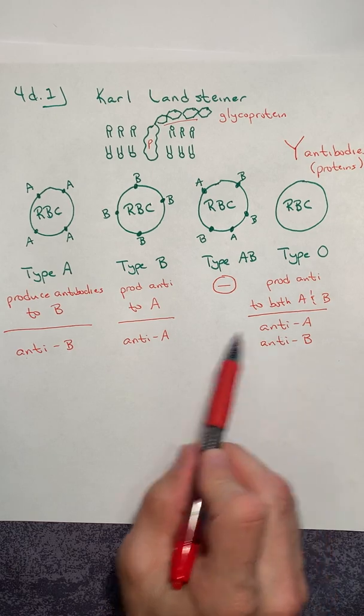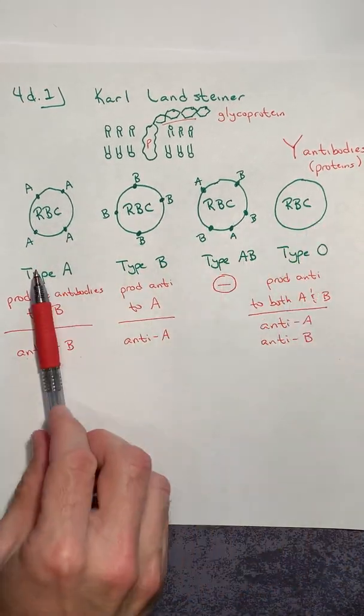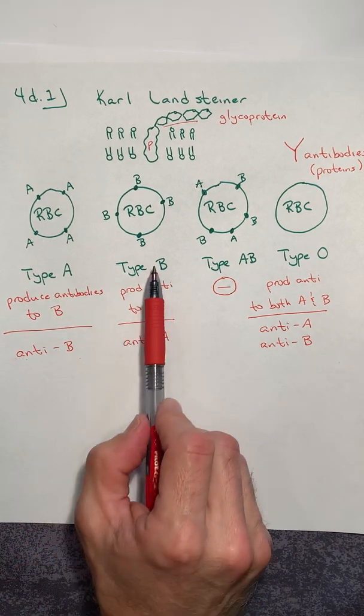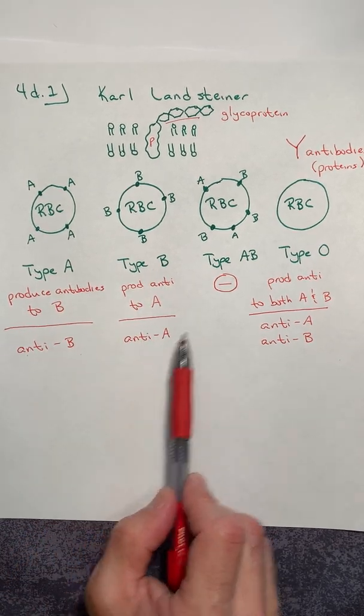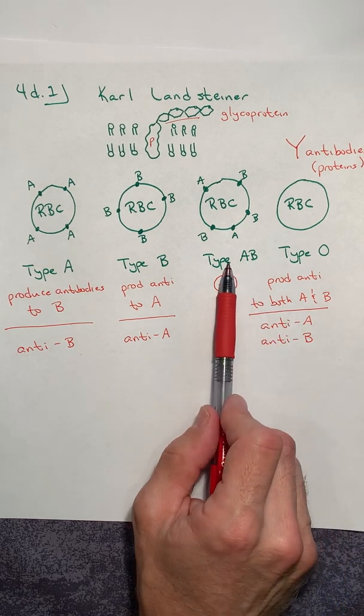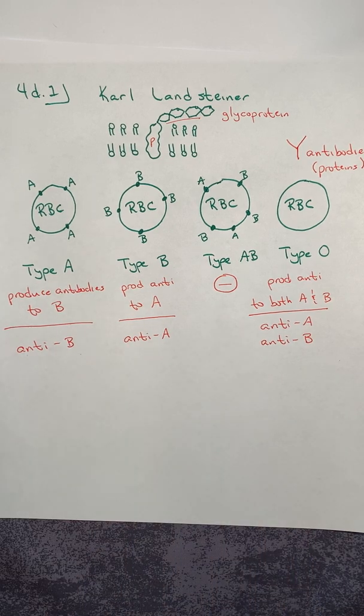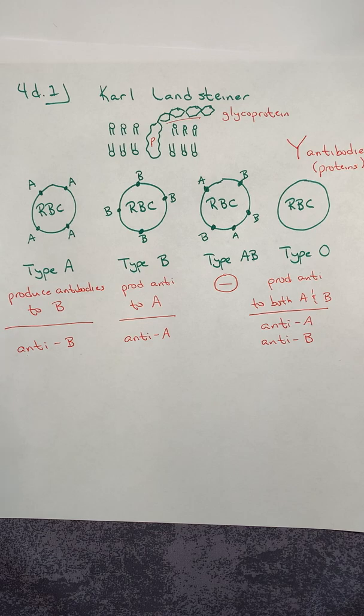So these are the antibodies that each blood type produces. So type A blood produces anti-B, type B blood produces anti-A, type O blood produces anti-A and B, and type AB doesn't produce antibodies to either glycoprotein. So why is this important? This is important for blood transfusions, okay?